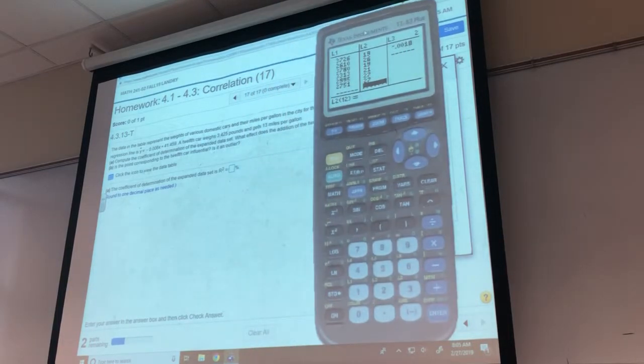And I'm going to add in my 12th car real quick. That weighs 3425. And it gets 13 miles per gallon.